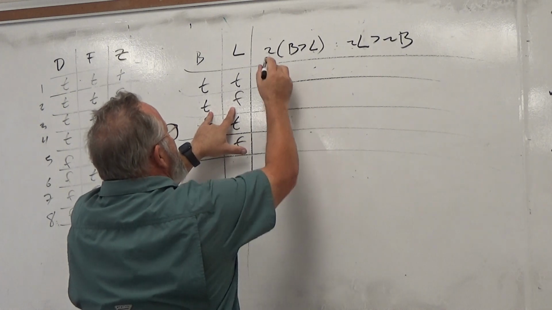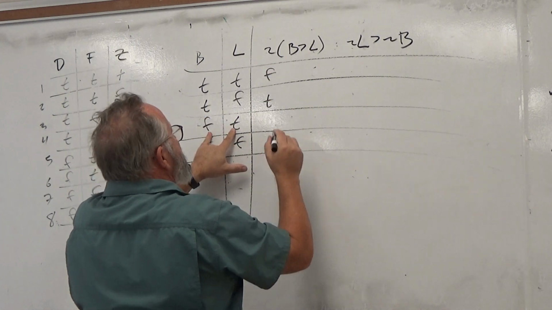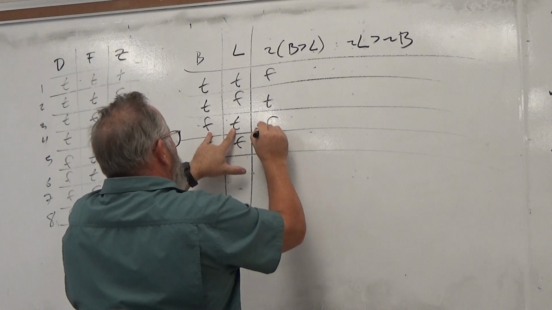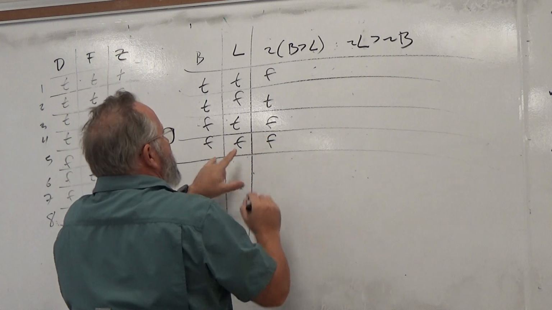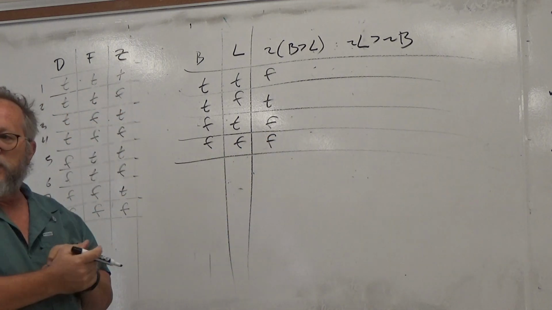True then false is false, but not makes it true. False and true is true, but not makes it false. False and false is true, but not makes it false. Okay, so that's the first one.